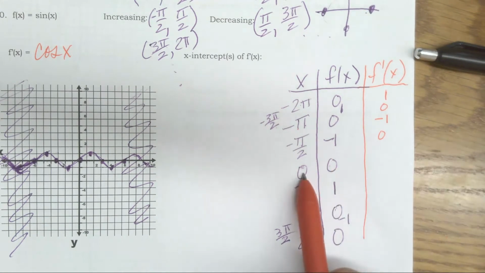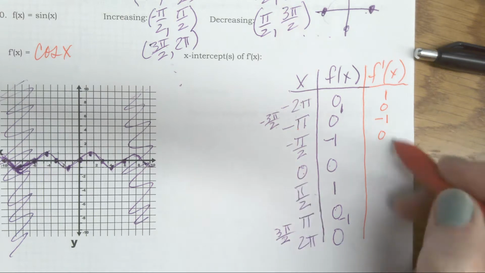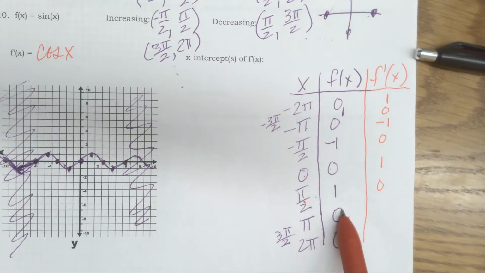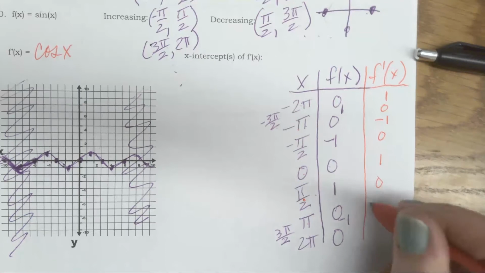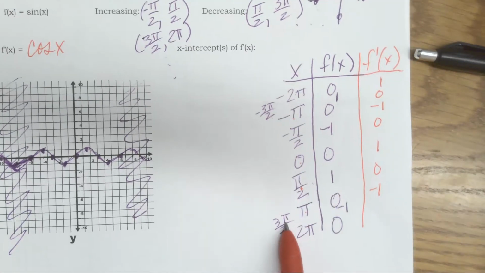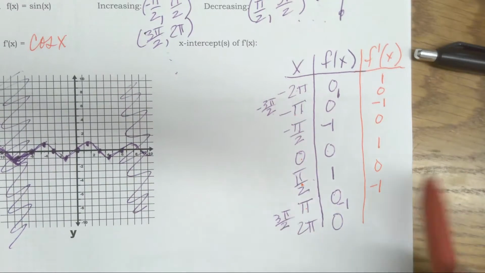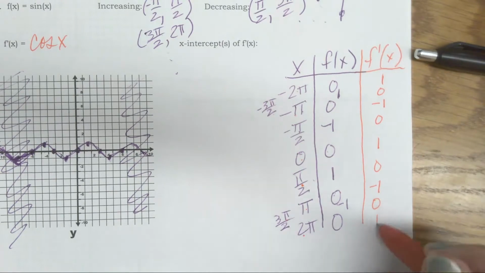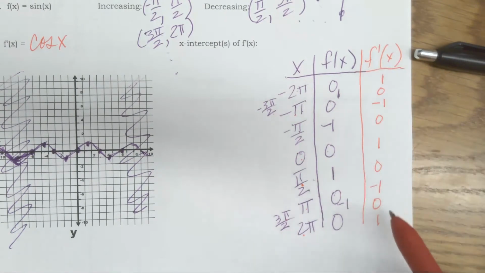Cosine at 0? 1. Cosine at pi over 2? Starting to see a pattern? 0. Cosine at pi? Negative 1. Cosine at 3 pi over 2? 0. Cosine at 2 pi? 1. Do you see the little pattern going on? We could continue on this way.